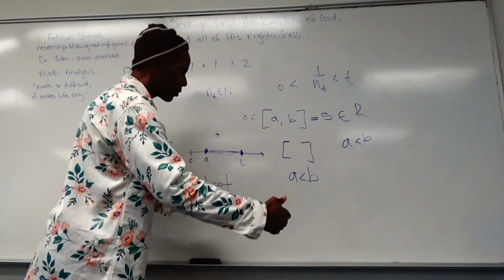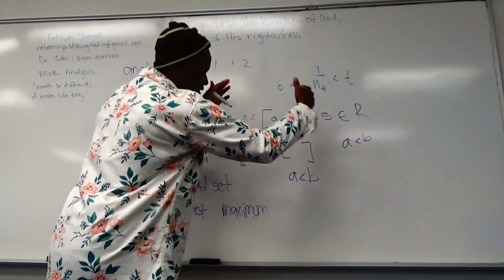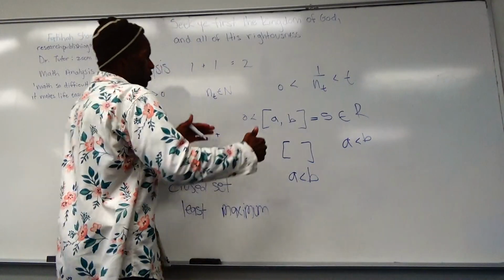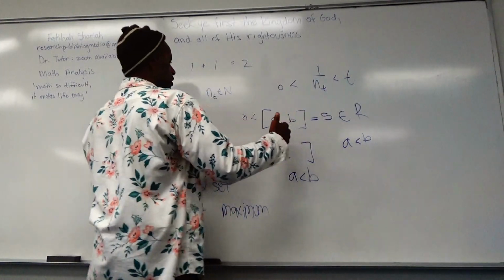There is no number within this closed set that's greater than B. There is no number within this closed set that's less than A.